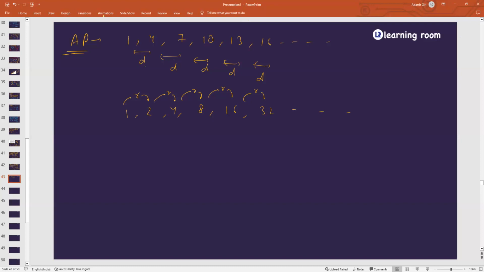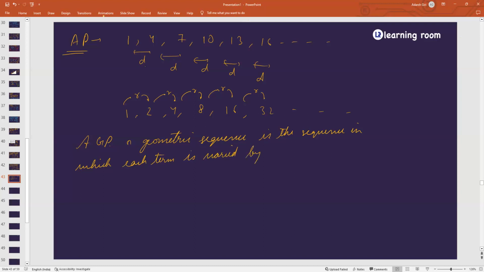So a geometric progression, or geometric sequence, is a sequence in which each term is multiplied by a common ratio, that is r.